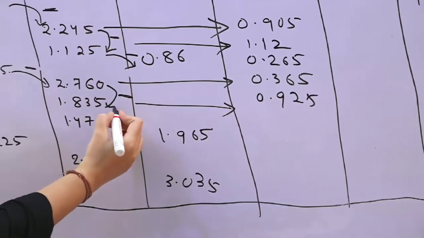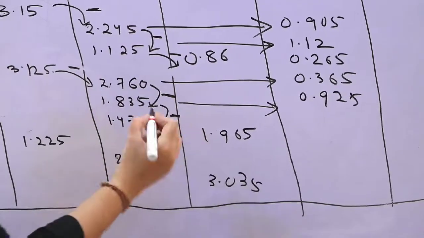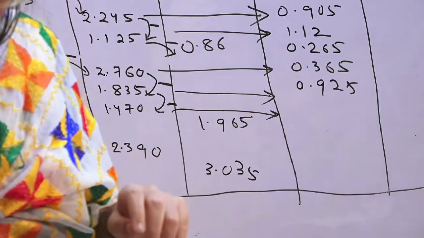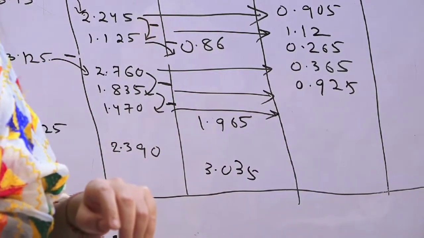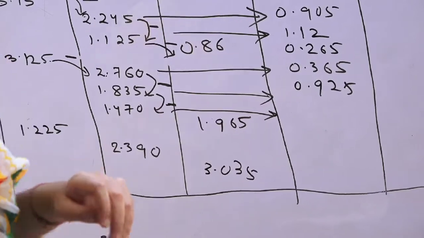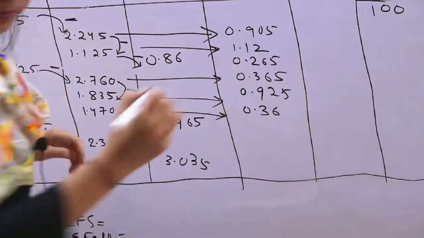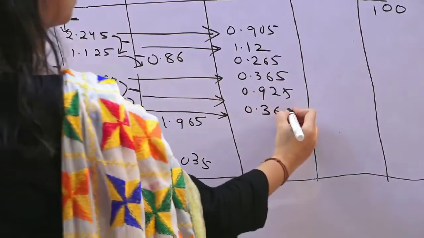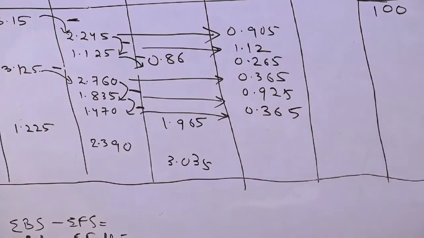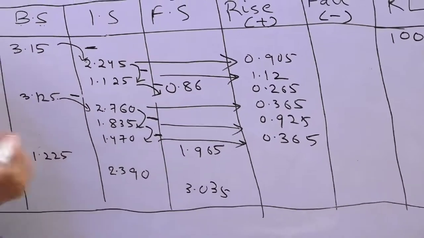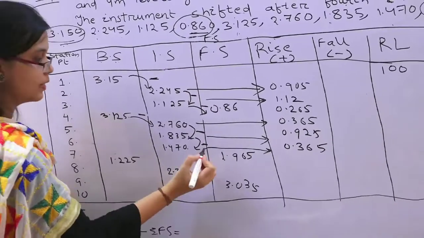Similarly, this minus this will get the value. Okay. Now next comes this minus this.